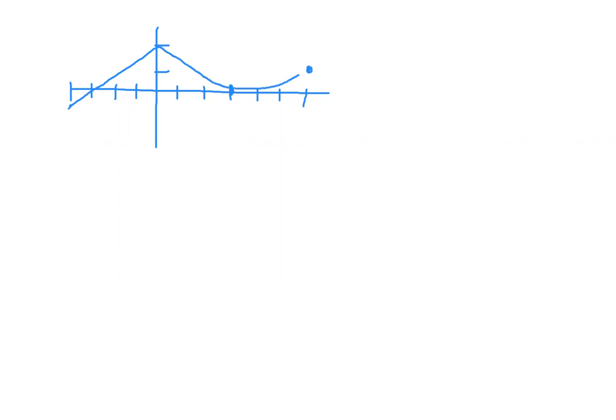So it looks like something like this. It consists of a line segment and a curve that is tangent to the x-axis at x equals 3. On the interval 0 to 6, the function is twice differentiable with the second derivative greater than 0.